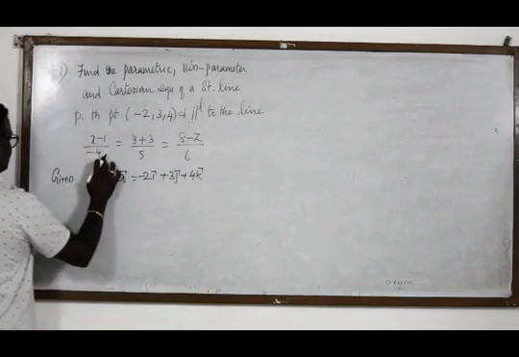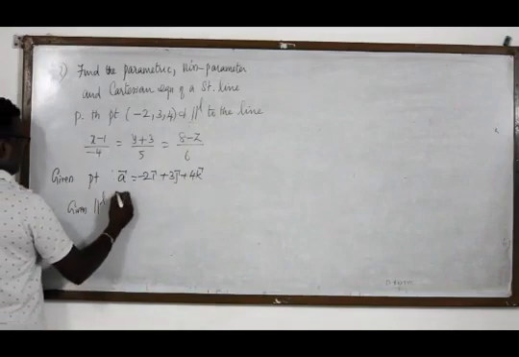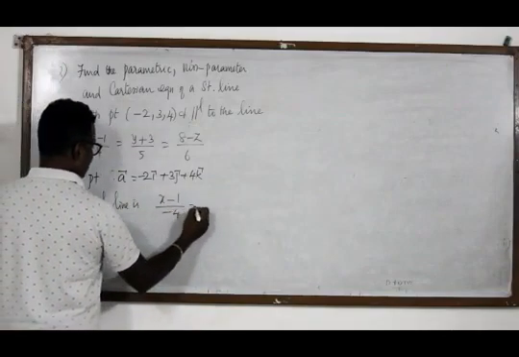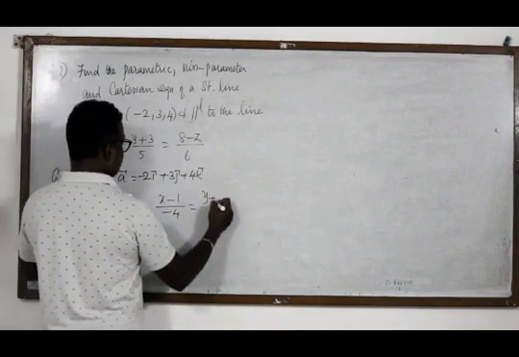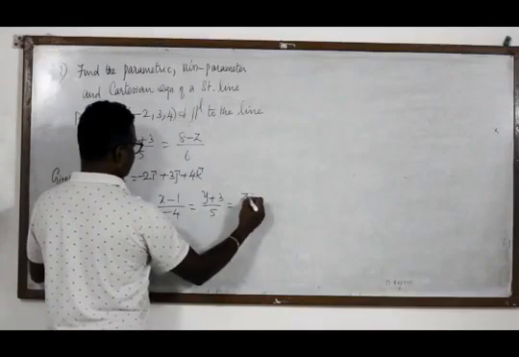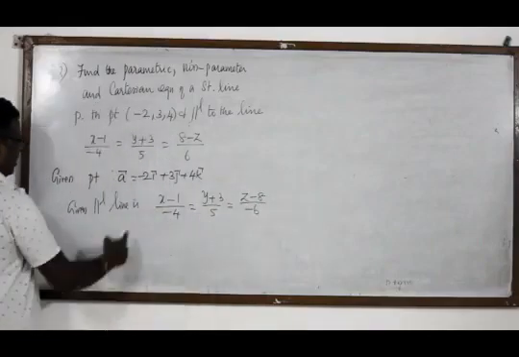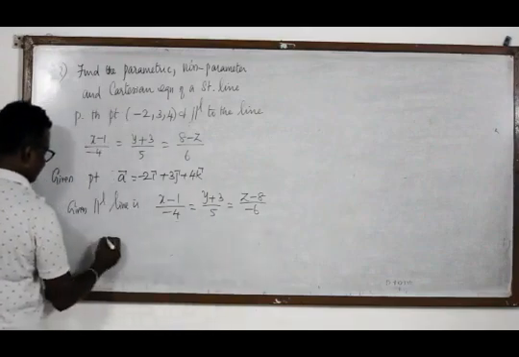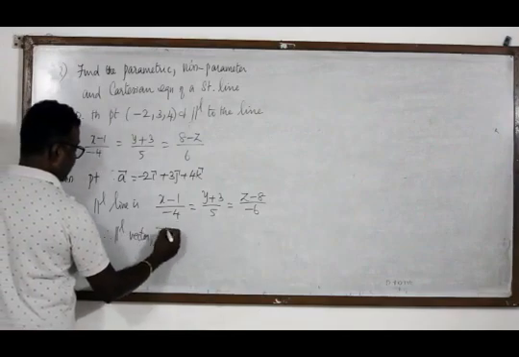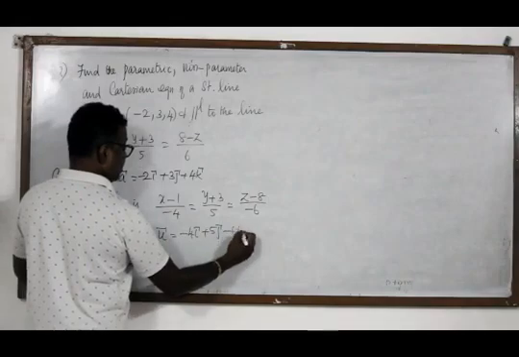Now the line is parallel to this given line: (x minus 1) by minus 4 equal to (y plus 3) by 5 equal to (8 minus z) by 6. If I take the minus sign, the 8 minus z becomes z minus 8 and the sign goes to the denominator, minus 6. The numbers in the denominators are always the vector, and we denote it as U. So the parallel vector U is minus 4i plus 5j minus 6k.